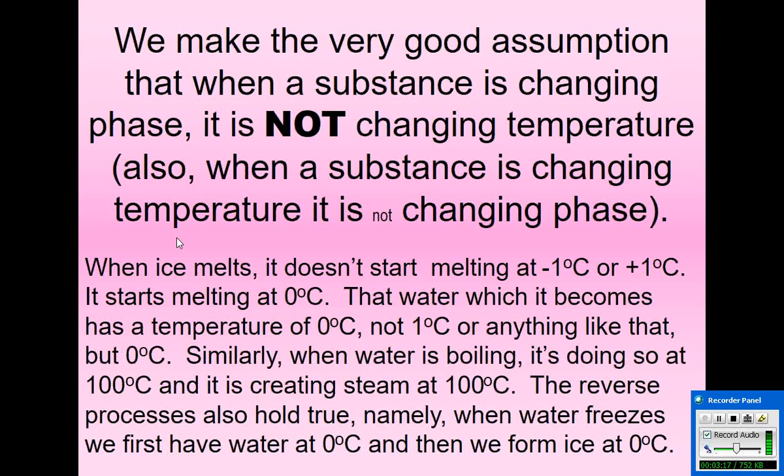It's not like it makes an instantaneous transition from -1 degree Celsius to +1 degree Celsius. You start with ice at 0 degrees Celsius, and the first thing that happens is you get water at 0 degrees Celsius. Or you start with water at 0 degrees Celsius, you freeze it, and you get ice at 0 degrees Celsius. Once the phase change is entirely completed, then you can start looking at changing the temperature.